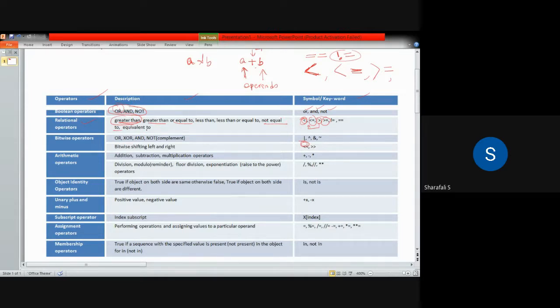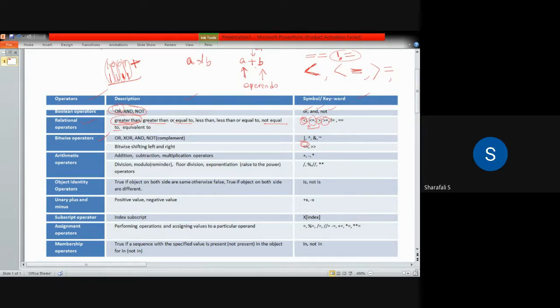The third one is bitwise operators. Bitwise operators means if you have any binary data and you want to operate on it, for example, 1011, something like this, and you want to do an OR operation, this is a bitwise operation, not the Boolean one that we considered here. Each bit will be operated on, or you can use an AND operation if you multiply these.